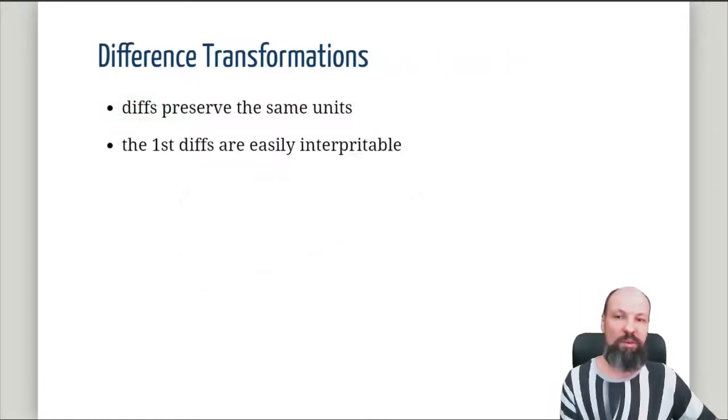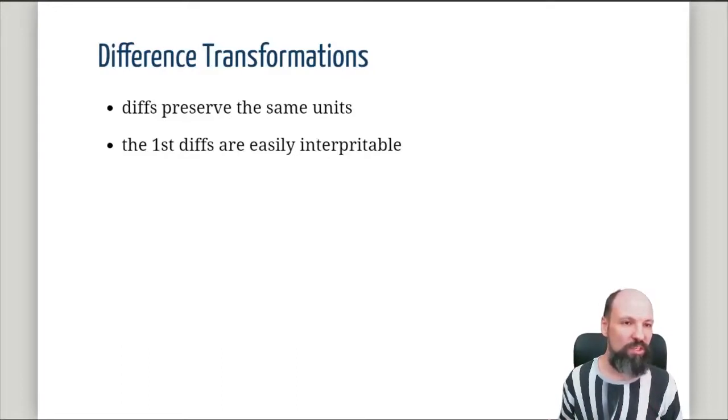So to sum up the information about the differences transformation, it is important that the difference transformation preserves units. What it means, as we saw for that Morocco data, megatons remain megatons. They don't become something else like percentage or without units and so on. And if you apply even second difference to that, it will still be megatons.